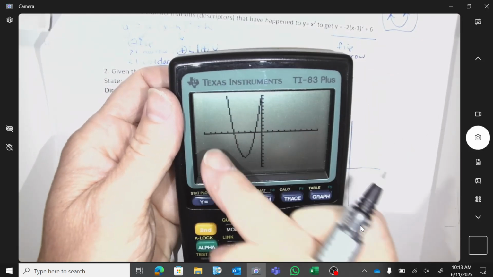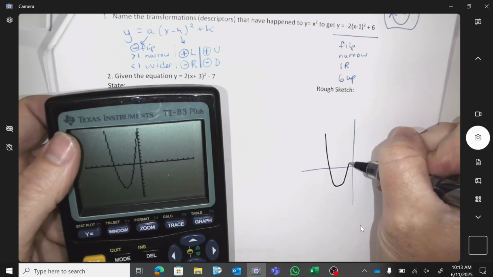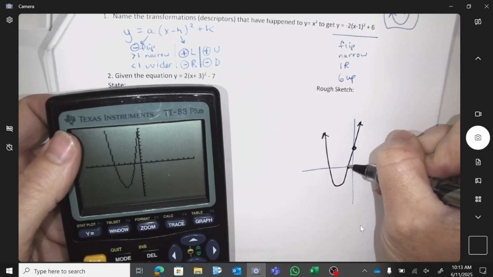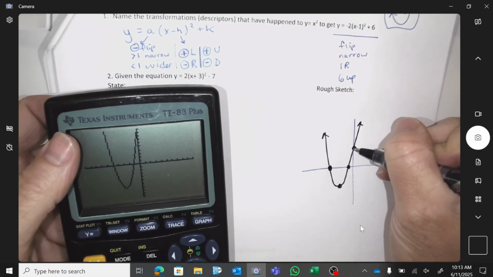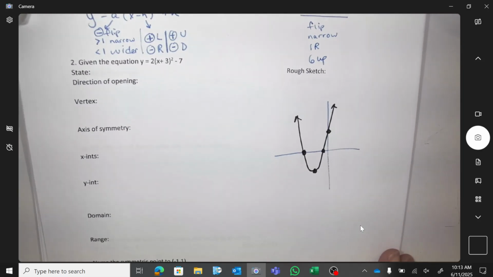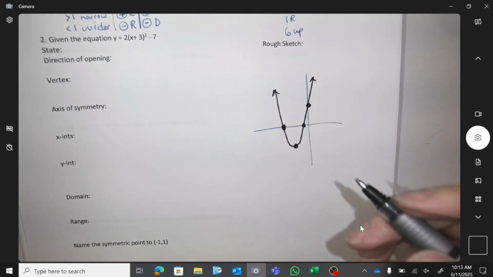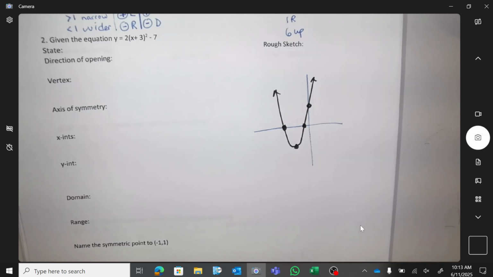They're both on the negative half. So these are the important points. I have 4 points that I want to show you why they're important.